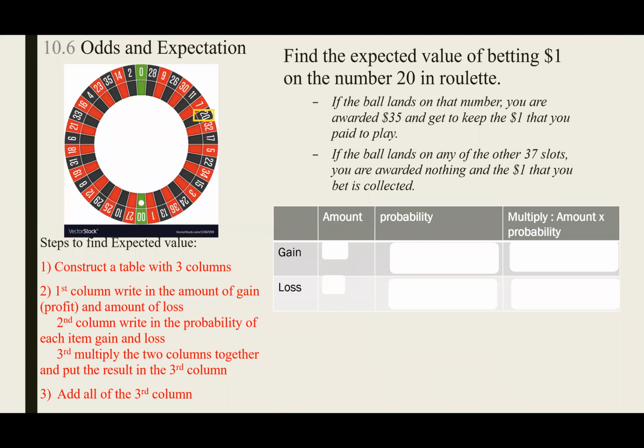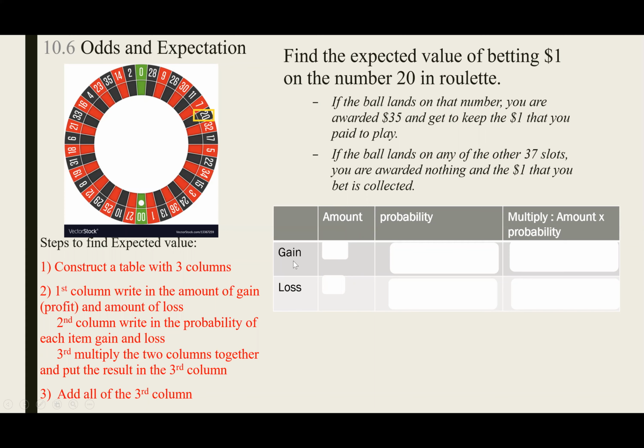So this is what I ask you to do: again, we need the amount, we need the probability, and we need the multiplication of the amount times the probability. Those are the three items that I asked you for, the first column, the second column, and third column. This first column is just to identify what your gain and what your loss is.